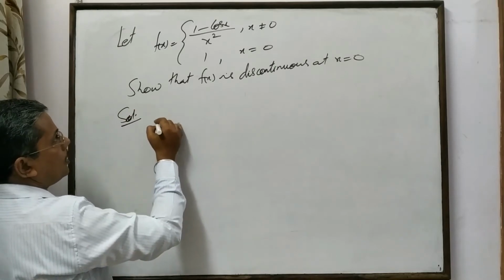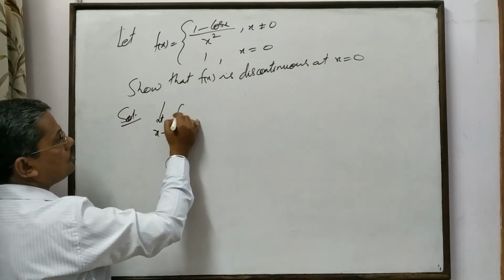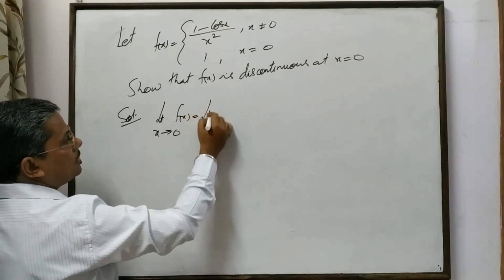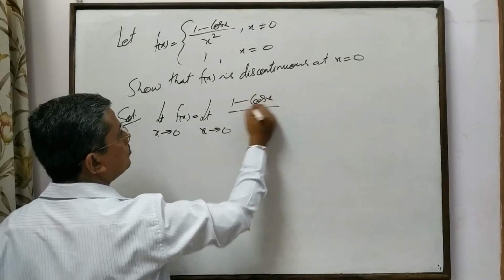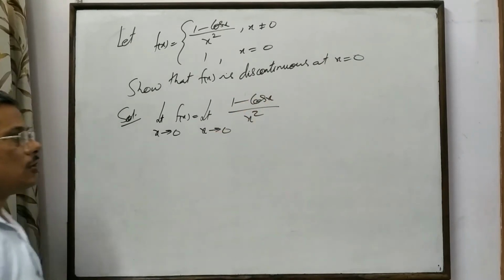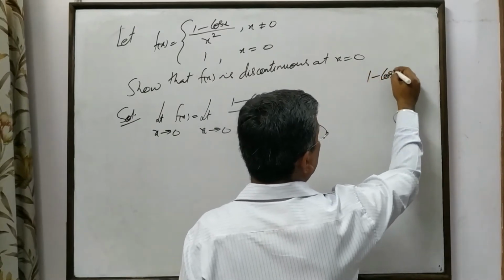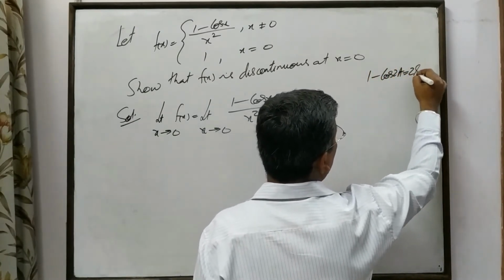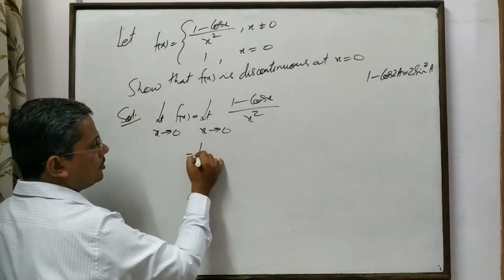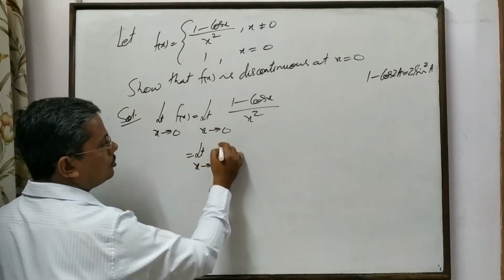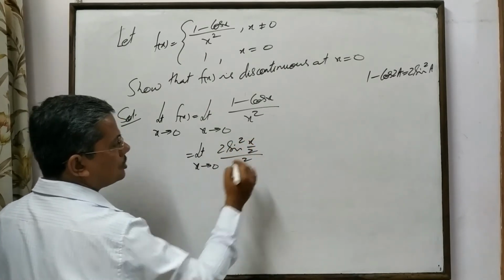Solution. So first of all, let's calculate the limits. Limit x tends to 0 f of x, that is limit x tends to 0 of 1 minus cos x upon x square. Now 1 minus cos 2a, we have a formula that says 1 minus cos 2a is 2 sine square a. Using that formula, this is limit x tends to 0 of 2 sine square x by 2 upon x square.